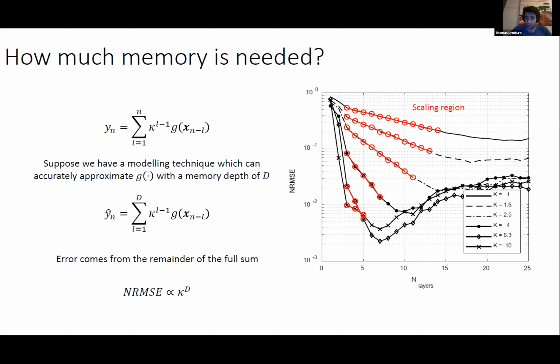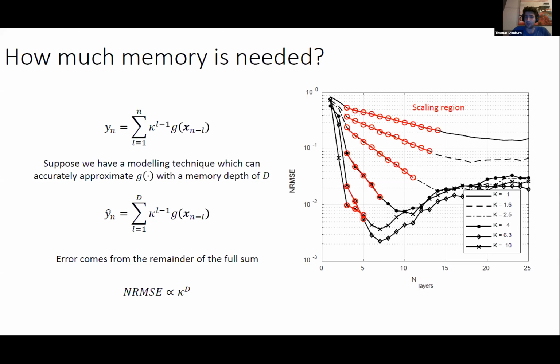And so on the right here, this is the performance of a reservoir truncated at different memory depths, so for a different number of layers, and we're looking at different values of the coupling strength, which correspond to different time scales of the GS relationship.